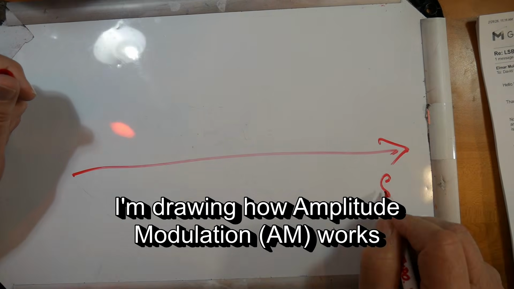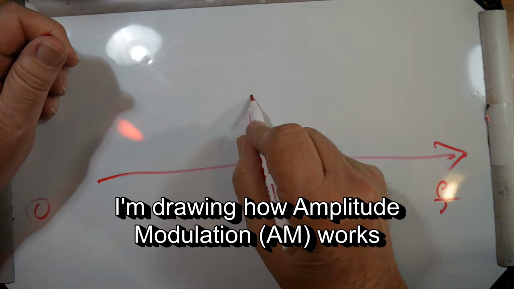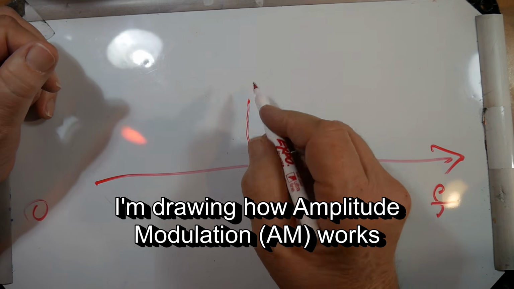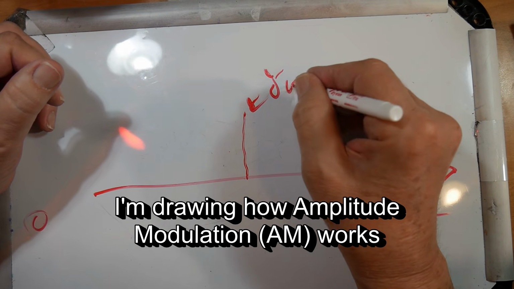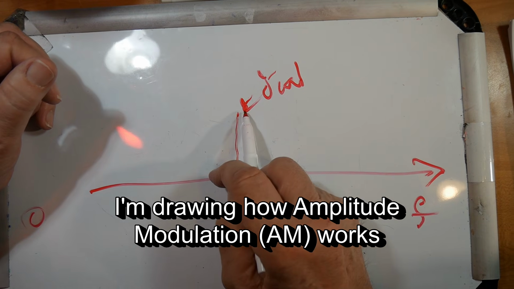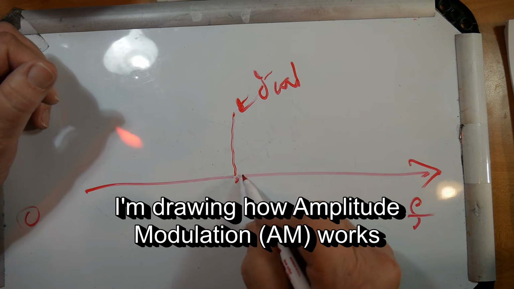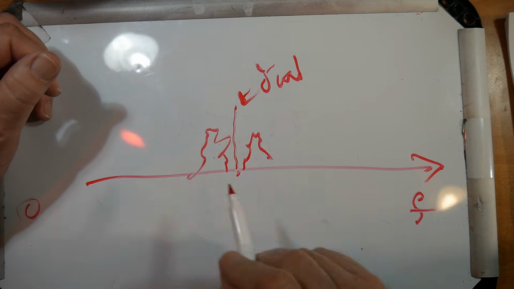Going the direction of frequency, 0 is somewhere over here, but you've got a carrier frequency. This is the dial frequency in amateur radio, but you're transmitting either above it or below it.